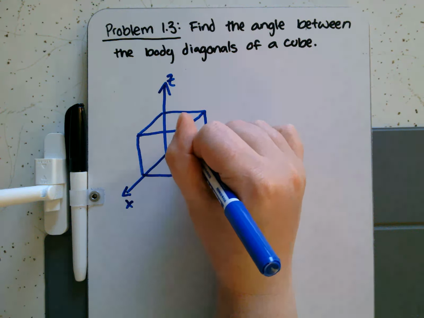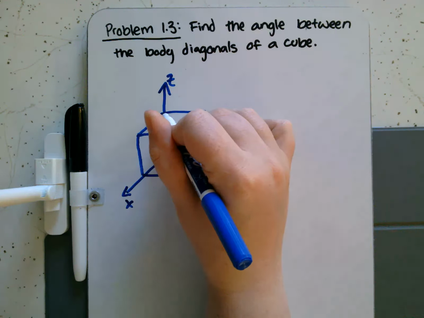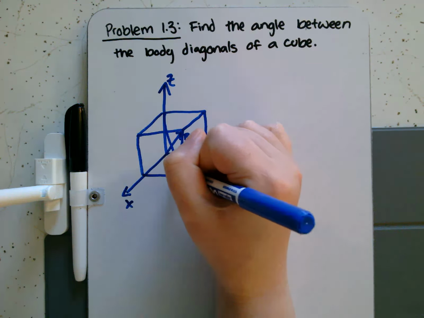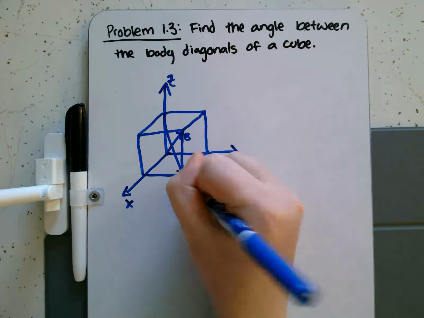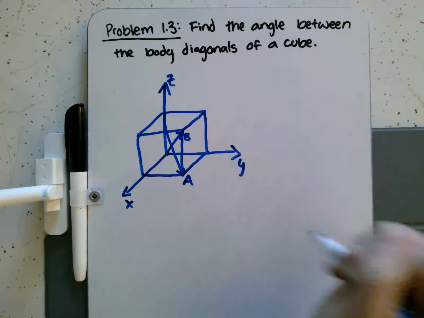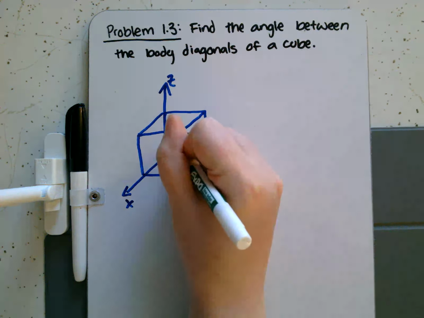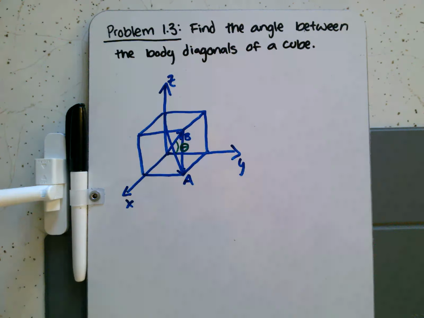So this first one we'll label as B. And the second one, if I come from this top corner, draw it all the way down to this opposite bottom corner, I'm going to label this as vector A. And the angle we're taking is the angle between vectors A and B, and this is going to be theta.